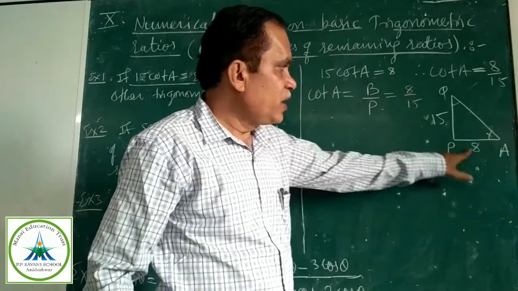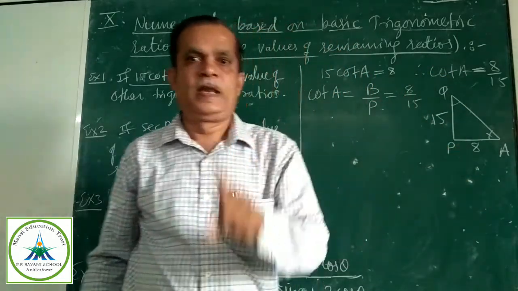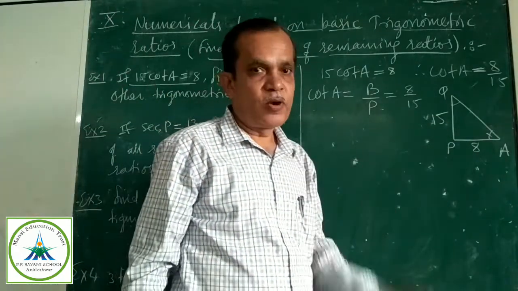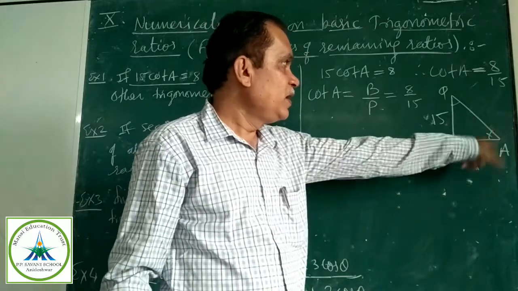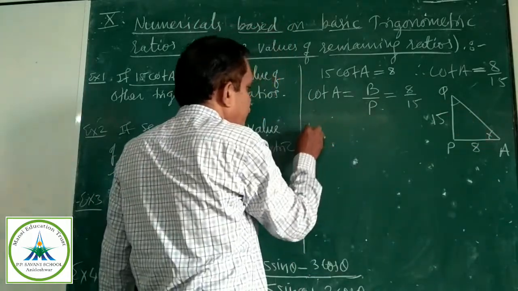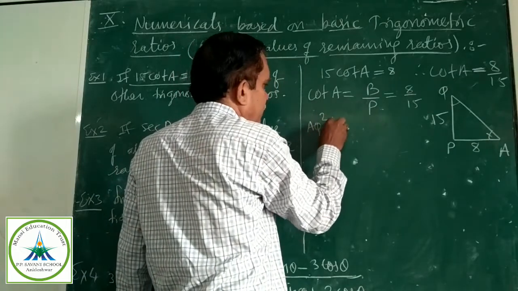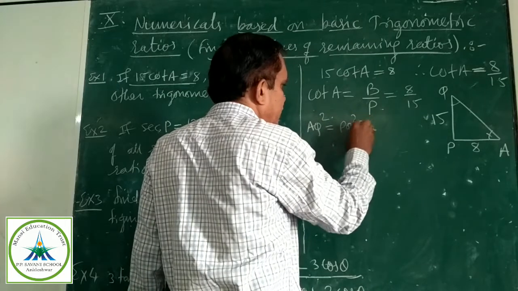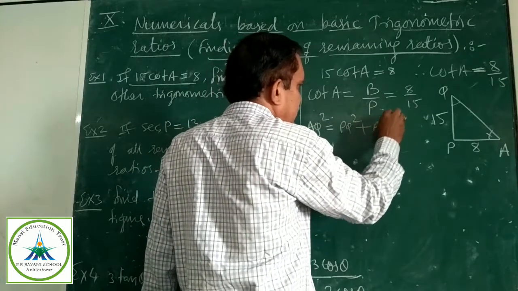Naming the given sides is important. Now you can find AQ. AQ square equal to PQ square plus AP square.